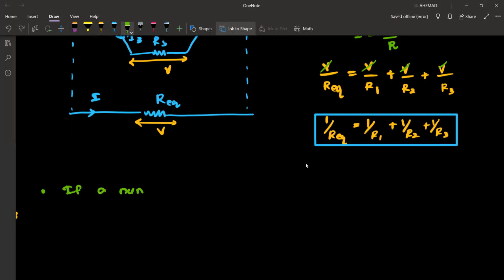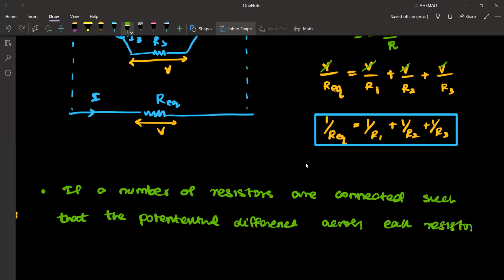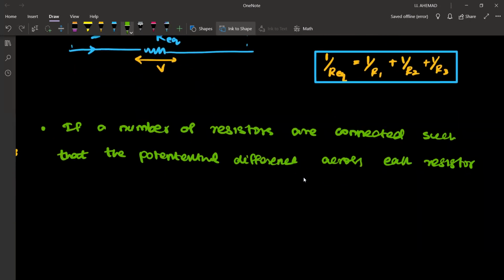If a number of resistors are connected such that the potential difference across each resistor is maintained the same, then the combination is parallel.